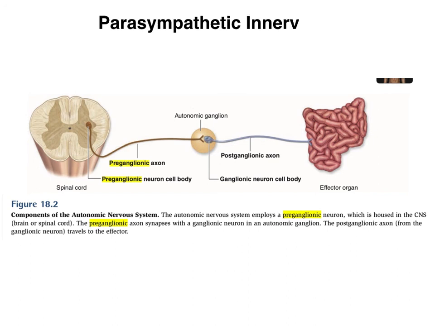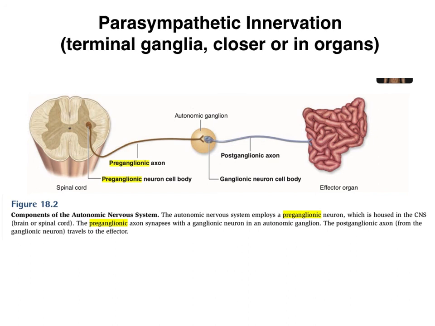So the parasympathetic innervation occurs through terminal ganglia closer to or within the organs. There's still a pre- and postganglionic neuron, but the idea is their ganglia, called terminal ganglia, are located closer to the organ. In the case of the sympathetic division, the ganglia used are in the sympathetic chain ganglia, which are located closer to the spinal cord.